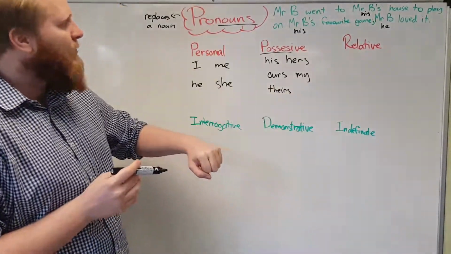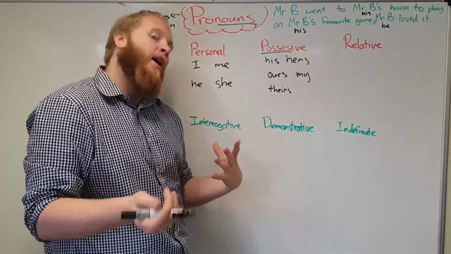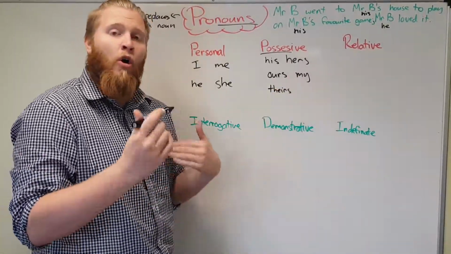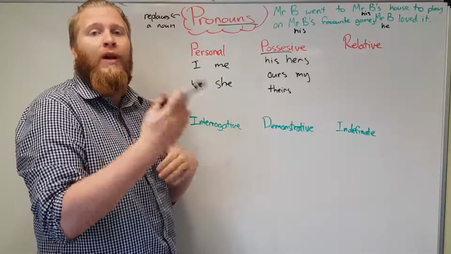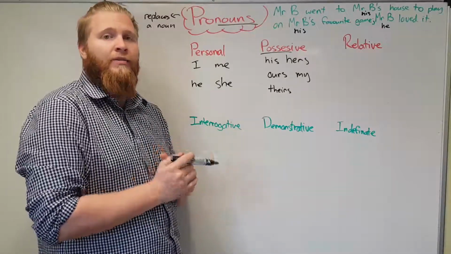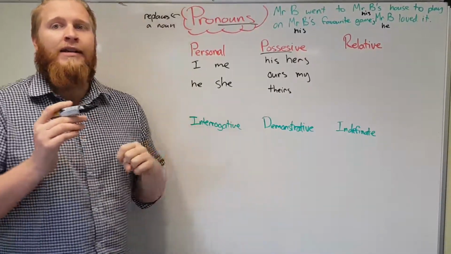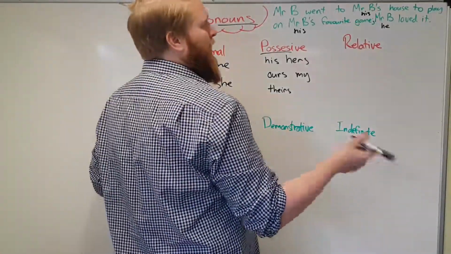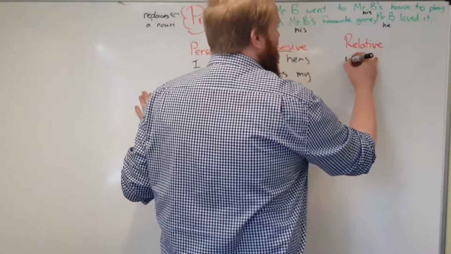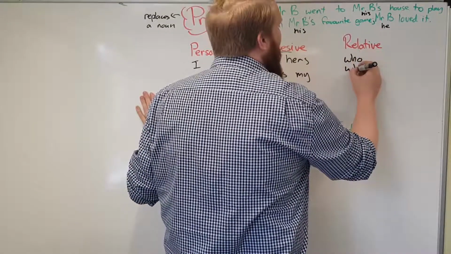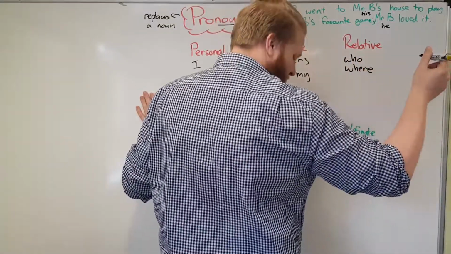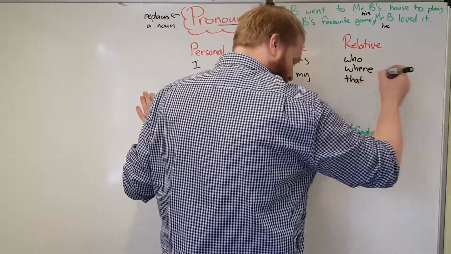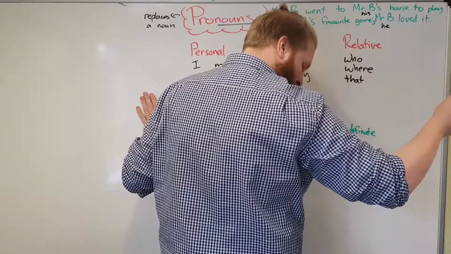And the last really important one is a relative pronoun. Now, if you have a look at the video on relative clauses, you will see that all relative clauses start with a relative pronoun, okay? So a relative pronoun starts a relative clause, and that relative clause gives us more information in a piece of writing. So we would have who, where, that, and we might have which.